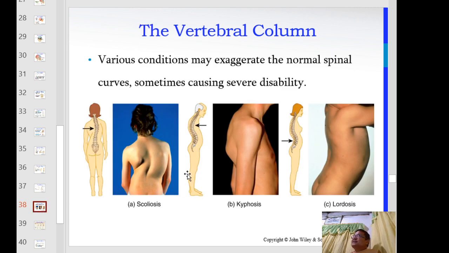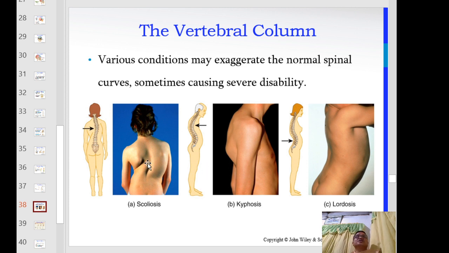Sometimes there are abnormalities that happen in our vertebral column. It could be a deviation of the spine laterally, bending to the side.